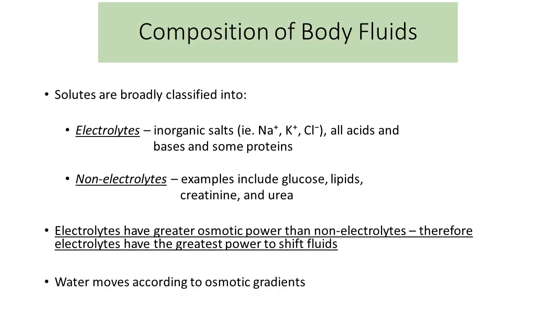So sodium and chlorine together make up salt. We know that water is attracted to salt. So these electrolytes have the ability to move water across cell membranes from one compartment to another. So electrolytes generally have a much stronger effect than non-electrolytes in moving water from one compartment to another.